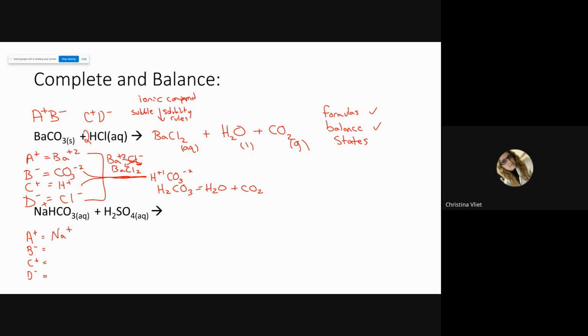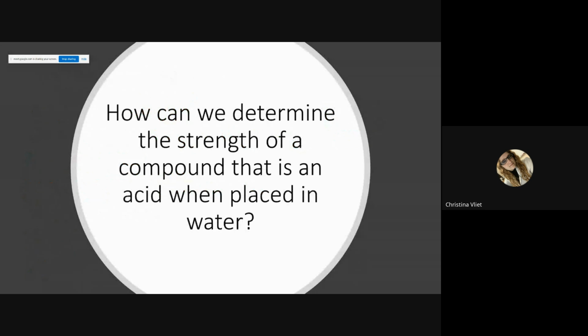What does that mean B minus is? It's the rest of it, right? So it's this HCO3 thing, with what charge? That includes all those elements. HCO3 is the other part. What would the charge of that have to be to counter the +1 of sodium?